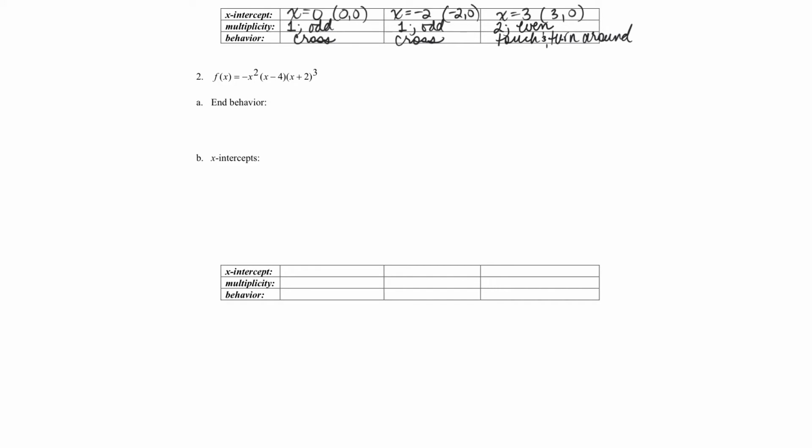Now let's look at the next example. Again, reviewing end behavior, I need to know the degree, and I need to know the sign of the leading coefficient. Counting up the linear factors of x, I have 2, x, x, another x, so that's 1, 2, 3, 4, 5, 6, right?